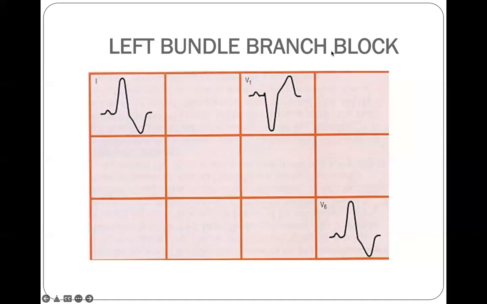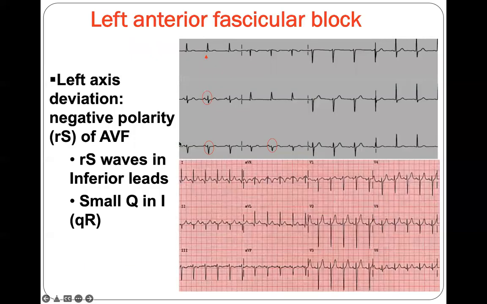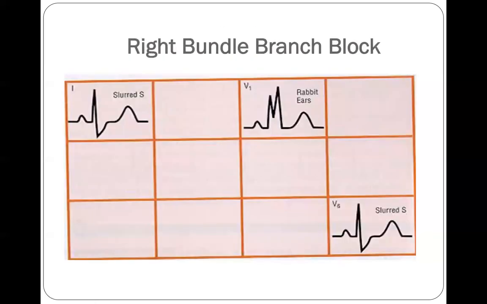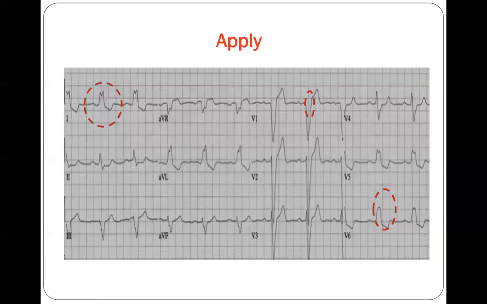But in left bundle branch block, you'll find an M-shaped QRS in lead 1. So in right bundle, you'll find the M shape in V1, while in left bundle, you'll find the M shape in lead 1, like this ECG. In lead 1, you'll find the RSR prime, the M-shaped QRS complex.